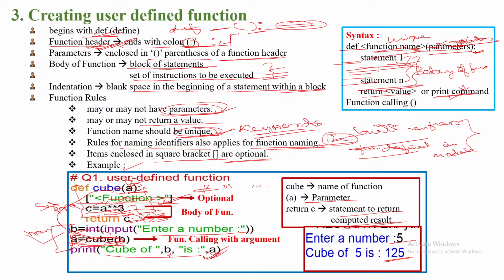Then the function block will start automatically. Here you should write the body of the function, then it may or may not return a value. If you want to return the value, you call the return command, otherwise you can use the print command if you don't want to return the value. Then afterwards we call the function's name in the main program.